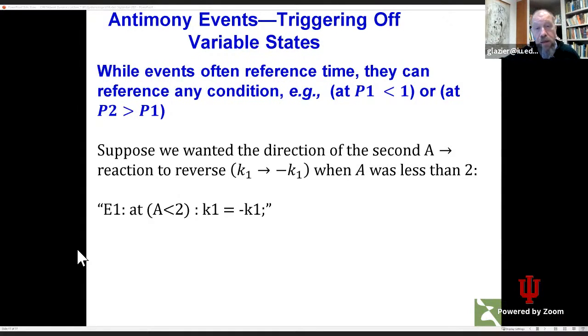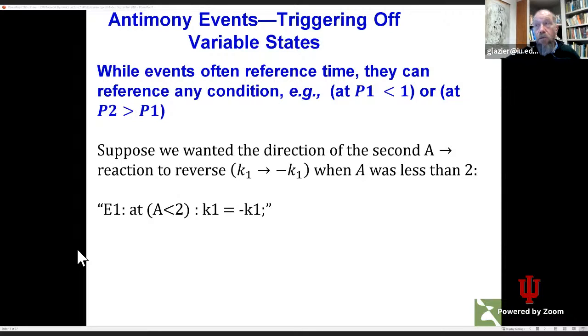Time is represented by chemical concentrations. And so it's much more common to have systems that trigger off of the levels of variables. And since the at statement depends on a logical operator, a trigger, we can trigger off of levels just as well as we could trigger off of time.